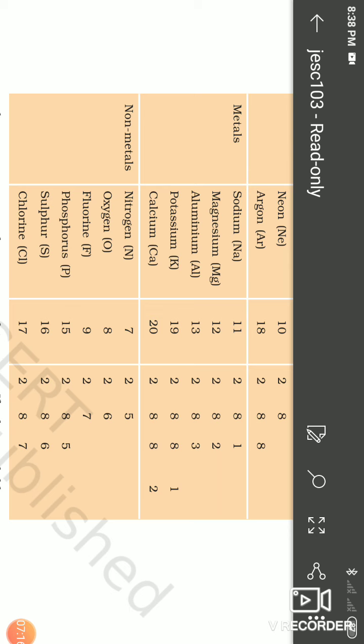Sodium gives that electron and acquires a positive charge, because its octet is completed when it gives away the one electron. The electronic configuration of sodium is 2, 8, so the octet is complete.